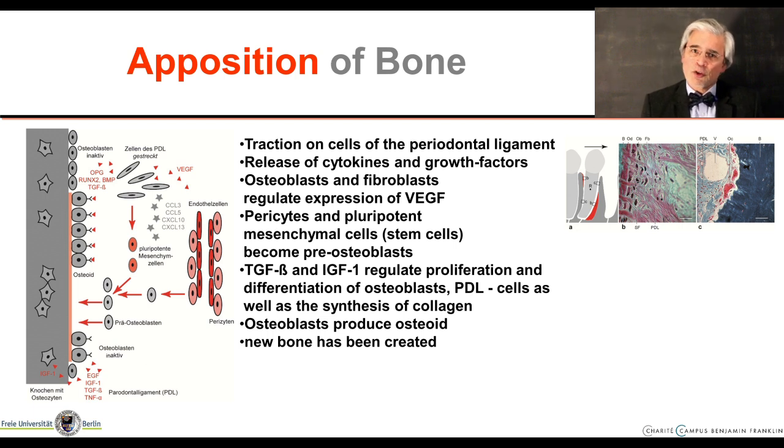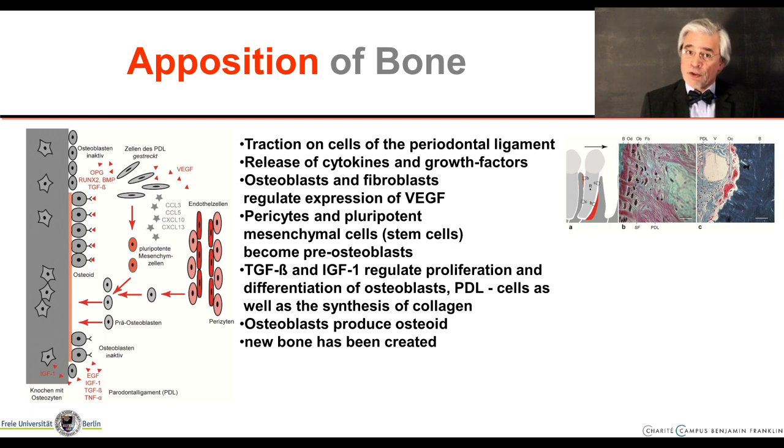So when there is traction on the desmodontal fibers, cytokines and growth factors are released by the cells that perceive the traction. In the process, the osteoblasts and fibroblasts, which are all mechanically connected to the fibers, also regulate the genetic activity, the expression of vascular endothelial growth factor, VEGF.